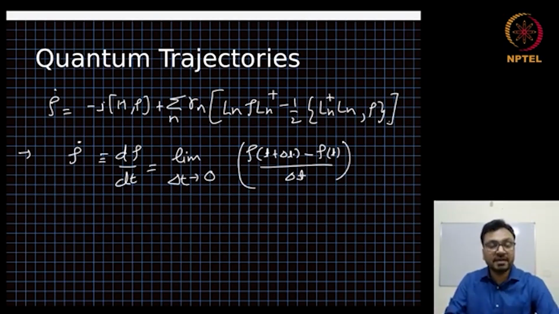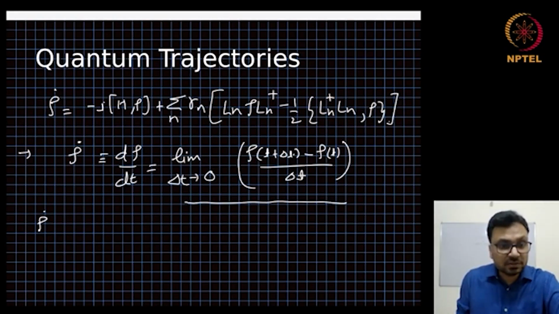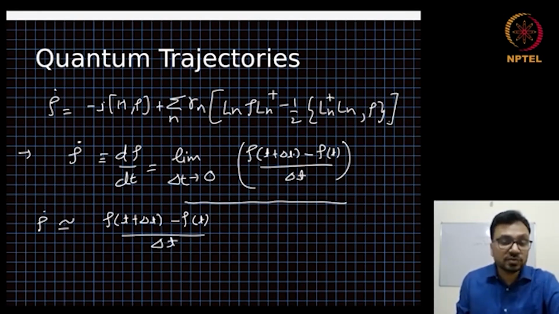But as an approximation, we can say that rho dot is approximately equal to rho of t plus delta t minus rho of t over delta t, if delta t is chosen small enough. That small enough will come with experience.